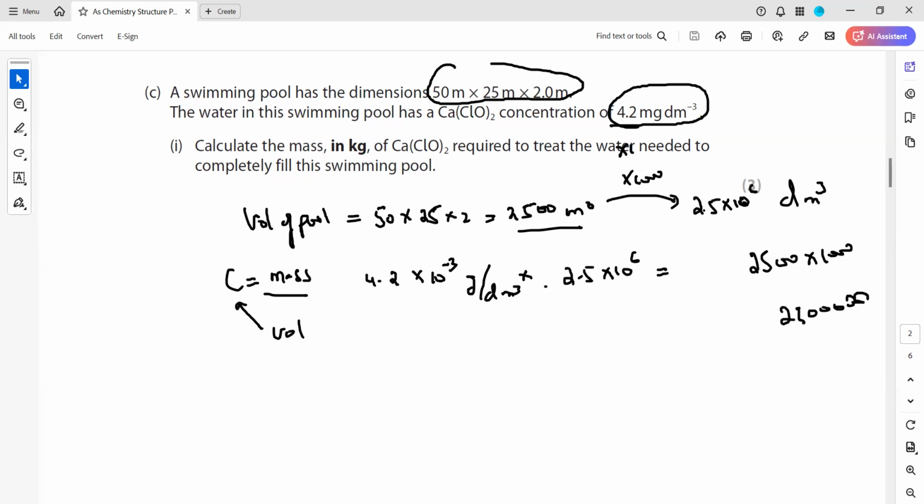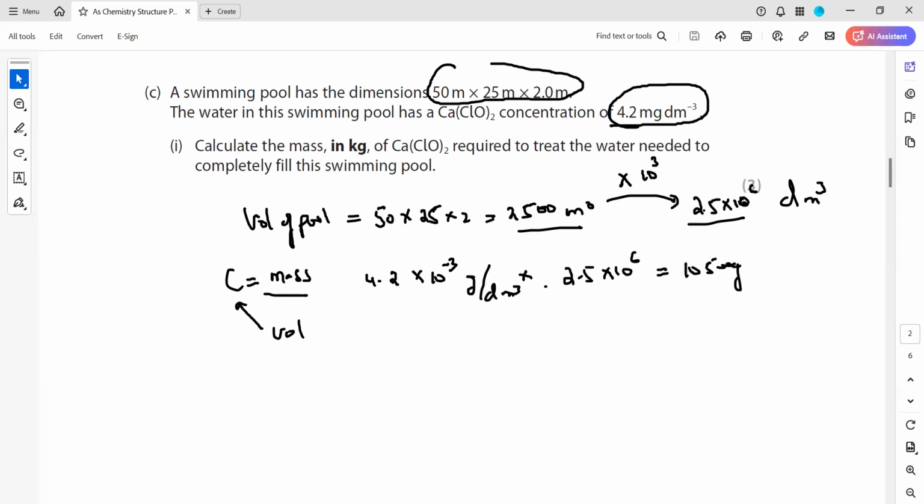I move the point 1, 2, 3, 4, 5, 6. So this will become 2.5 times 10 to the power 6. What I did is, to convert meter into deci, I multiply by 10, but it's a cube, so I multiply by 10 cubed, which is 1000.